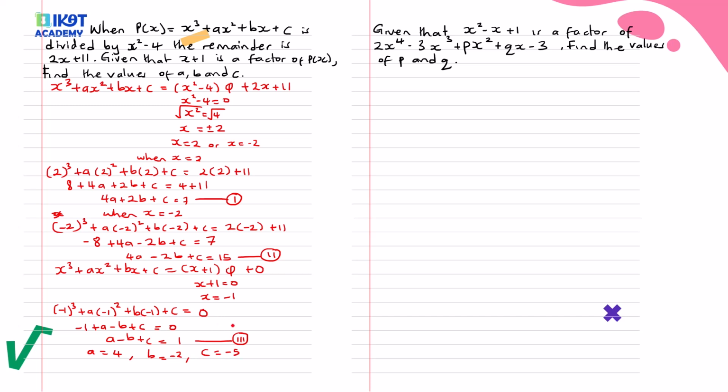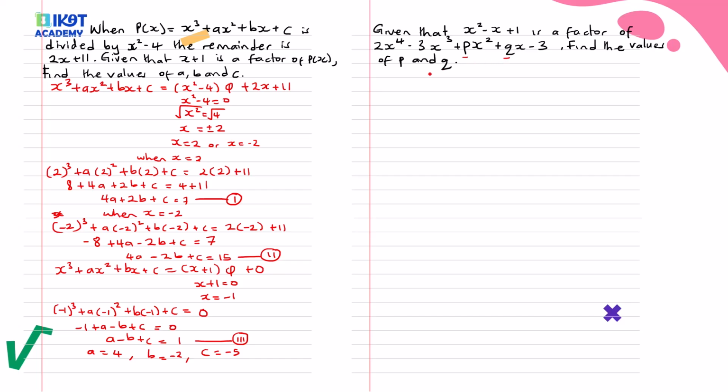So I wanted us to go now. Let's finalize with this. Given that x squared minus x minus 1 is a factor of this, find the values of p and q. Now for this question, what makes it tricky is you can't use long division. Why? Because we have an unknown.